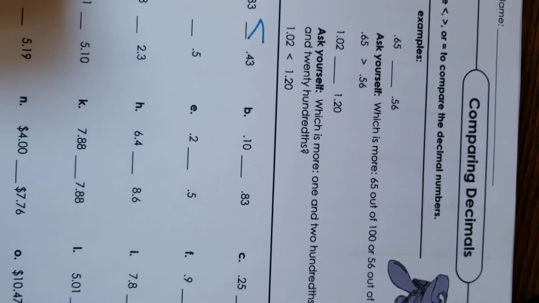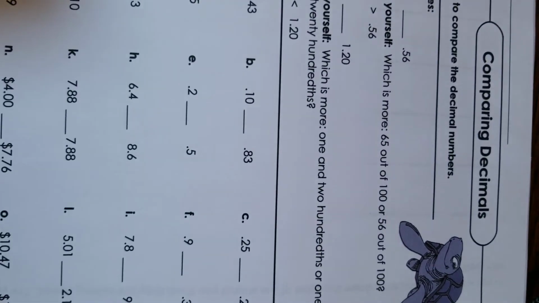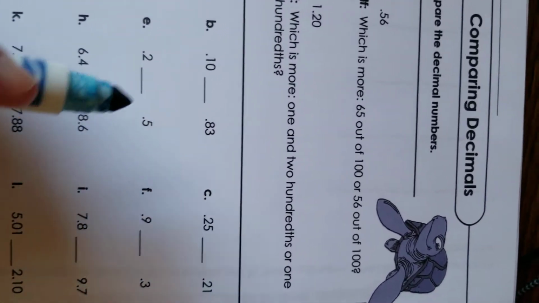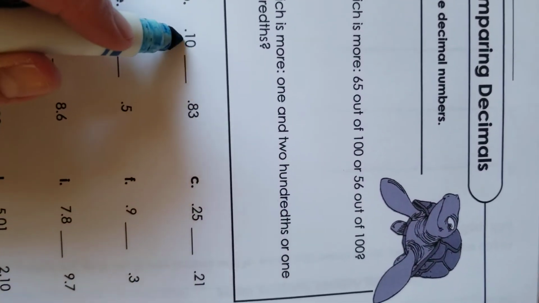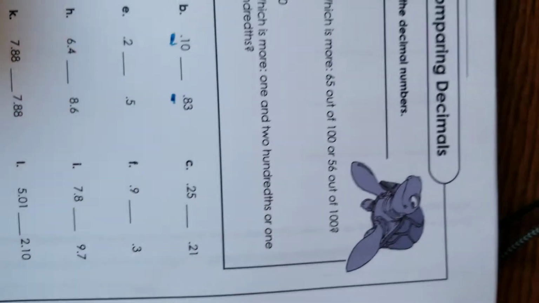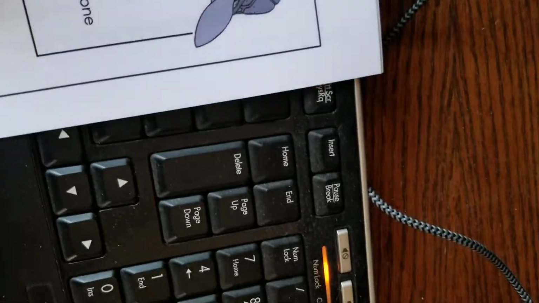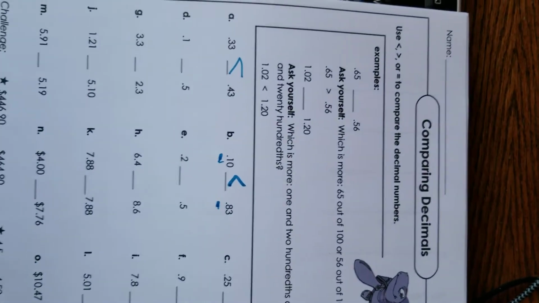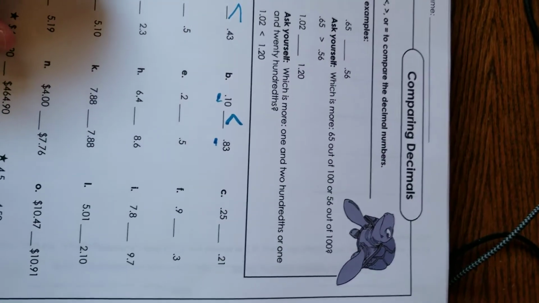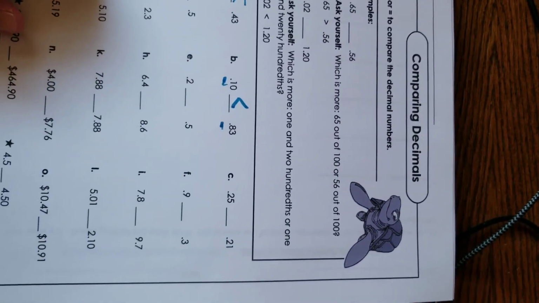If we look at B, 10 hundredths and 83 hundredths. If we look at the place values, we have a 1 and we have an 8. Which is the greater number? The 8. So 83 hundredths is greater than 10 hundredths. 25 hundredths and 21 hundredths.